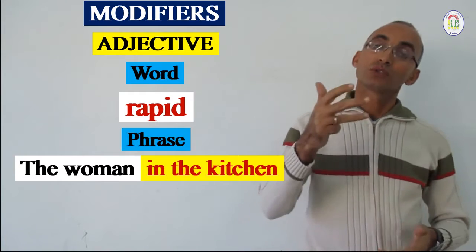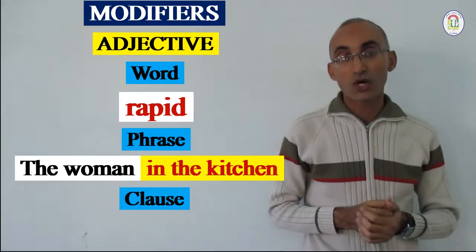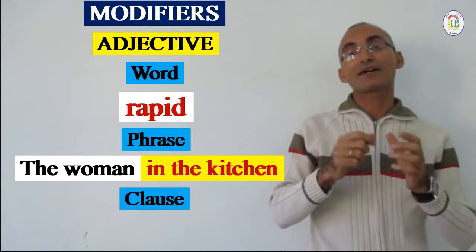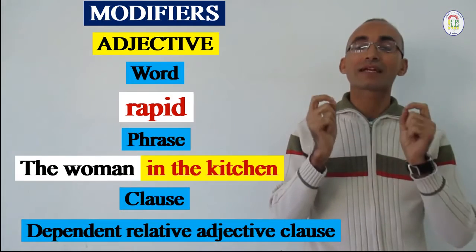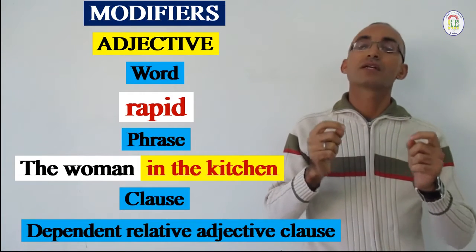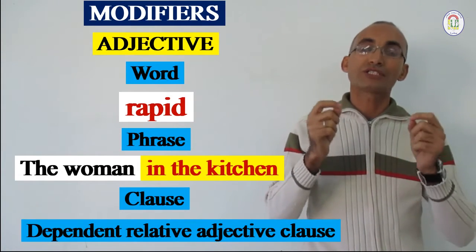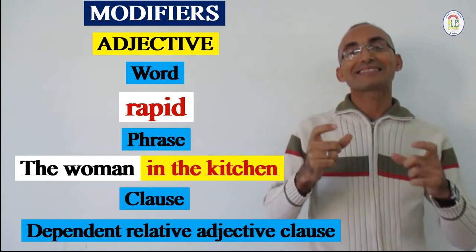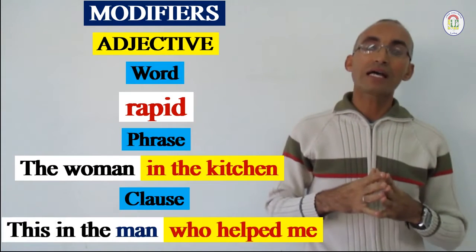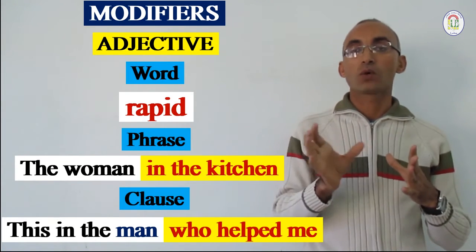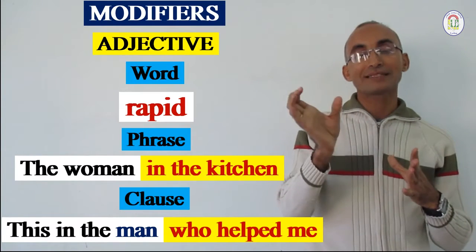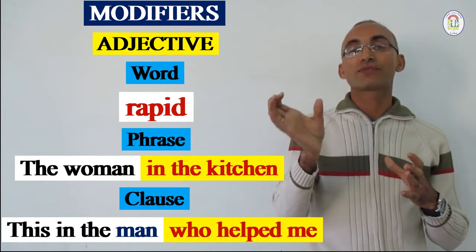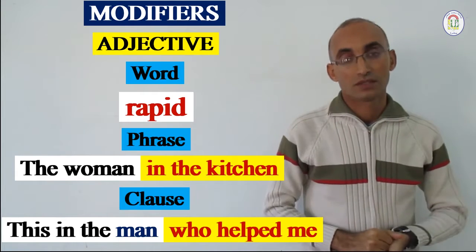Or also a clause, especially the case of dependent, adjective and relative clauses. They act as adjectives. This is the man who helped me. So, who helped me, a clause, it means subject and predicate that acts as a modifier to the man.